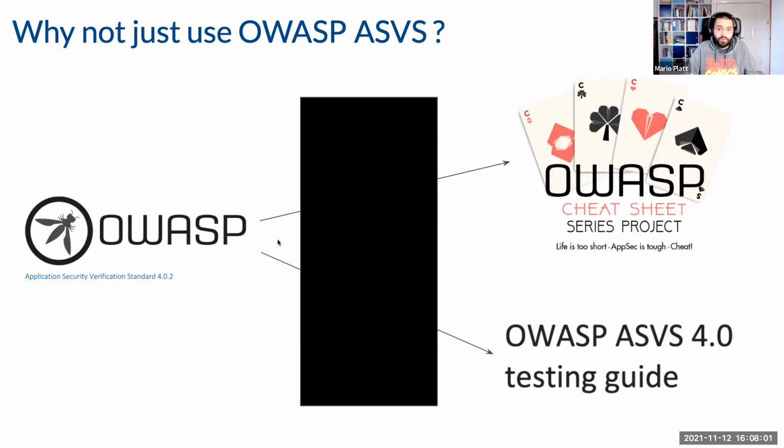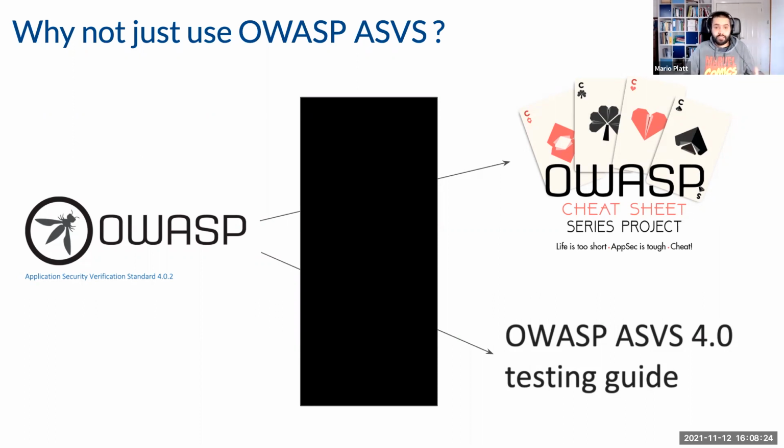There's also very good information out there on how you implement these things, in the form of the OWASP Cheat Sheet Series, which is absolutely wonderful, and the OWASP ASVS 4.0 testing guide, which has a lot of tests, mostly written in Python, on how to validate ASVS.